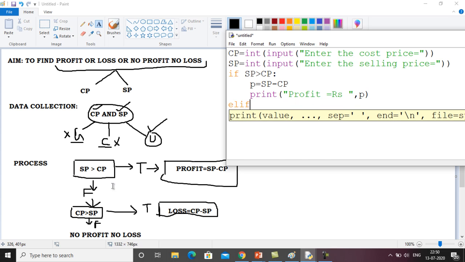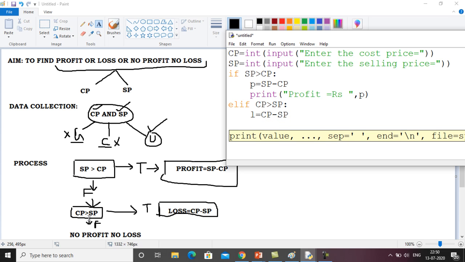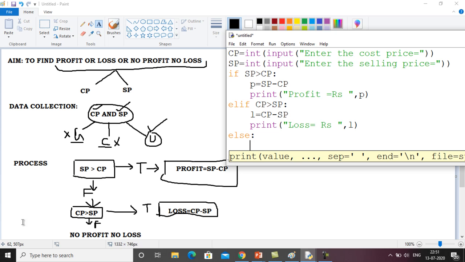Now we move to the next part, that is the elif part. In the elif part we check whether CP is greater than SP. If this is right, then it is a loss, and in that case we find the difference of CP minus SP, and then we print loss is equal to rupees, comma, L. Sorry, not P, it's L. Now the last one is else, and in else we have to show the message that you have no profit and no loss.